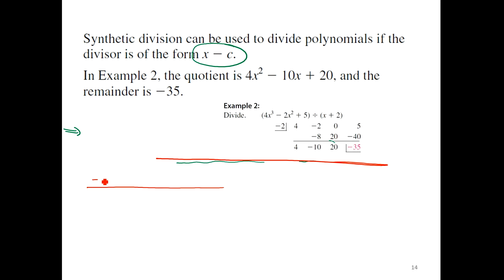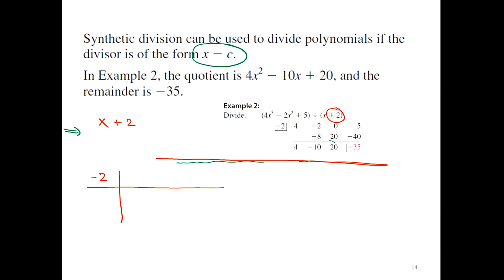We have minus 2. This is the opposite of the c. So if we have x minus c, put here c. Negative, put it positive. Positive, put it negative. So now we have plus 2, put negative 2 here.